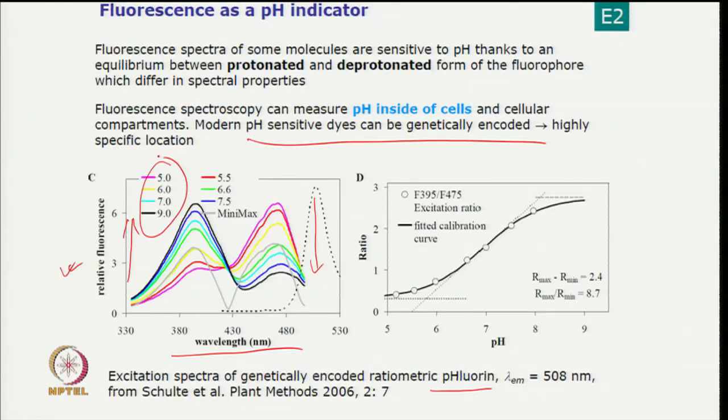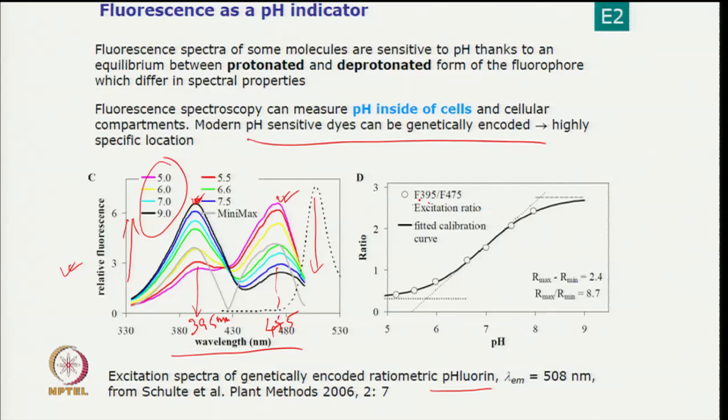We can expect that when I go to lower pH, the protonated form will be in excess, and the protonated form has its lambda max at 450 or 460 nanometer, whereas at high pH, pH 9, it has around 390 nanometer.